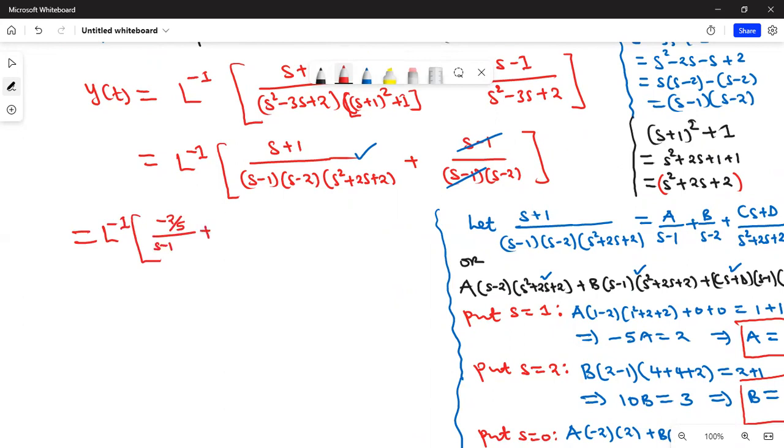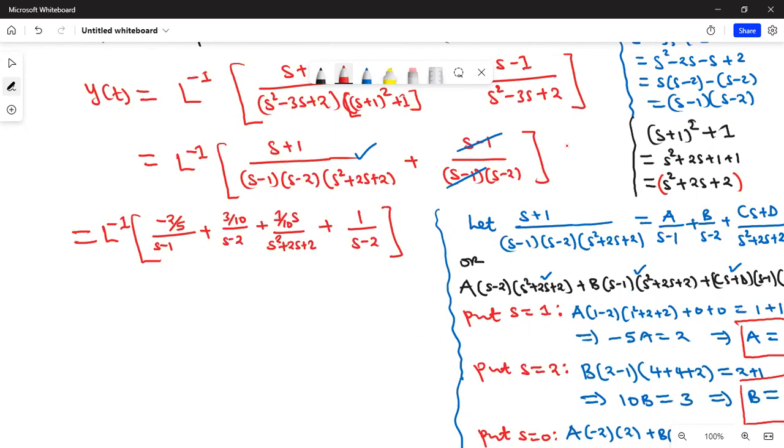Our B is 3/10 over S minus 2. Our C, we have found 1/10, so plus 1/10 S over S minus 1 times S minus, of course it is S squared plus 2S plus 2. Then the other one, after cancelling, we got 1 over S minus 2.